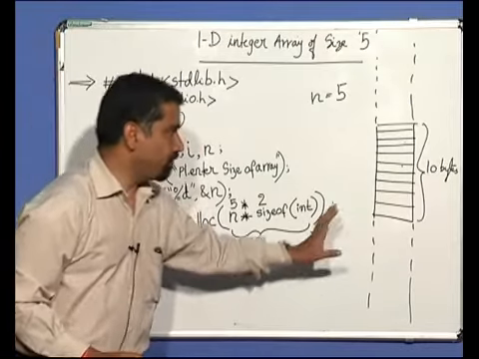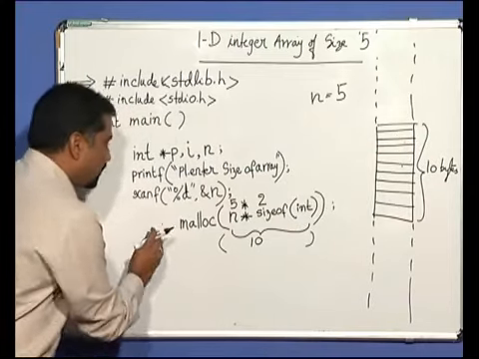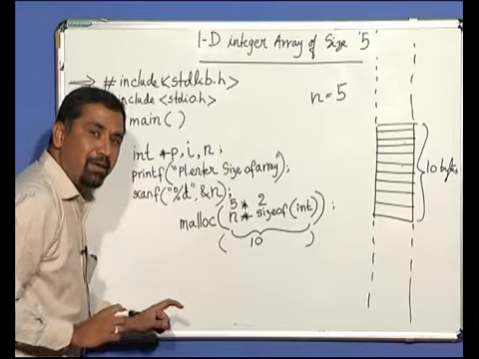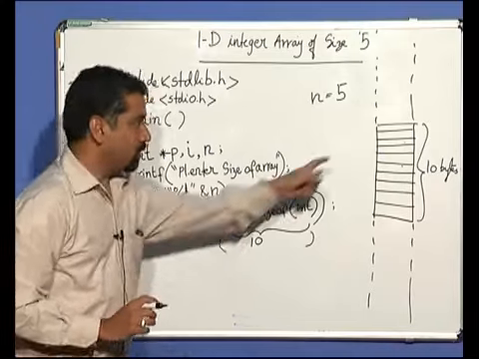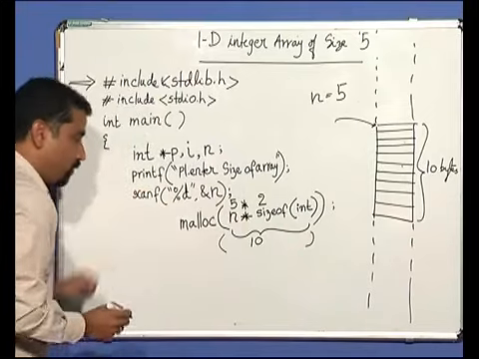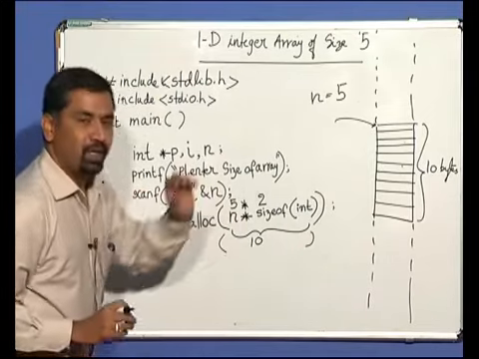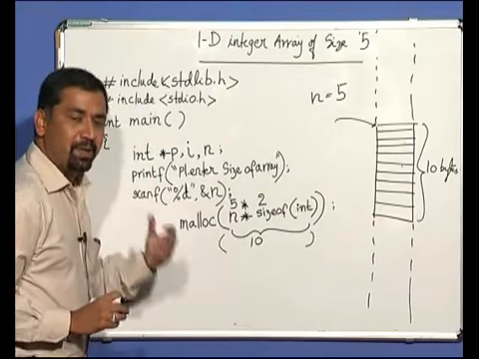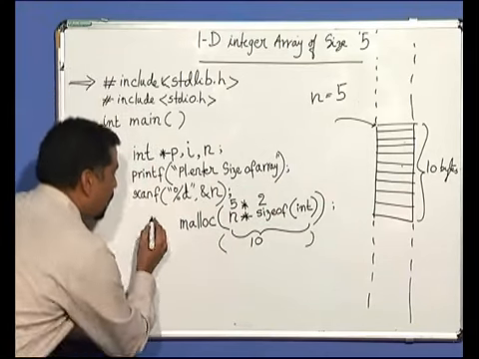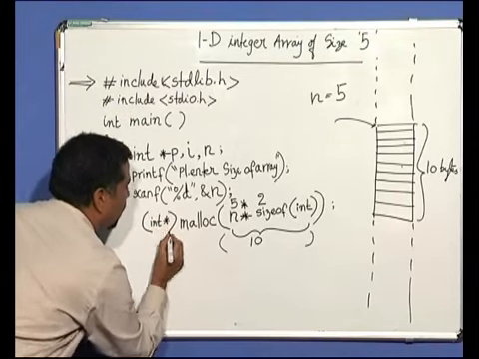Somewhere in memory it will find 10 bytes, and this will return a void pointer to this block of memory. But we know that we are going to use this block of memory for integers, so we need to cast this as an integer pointer in front.